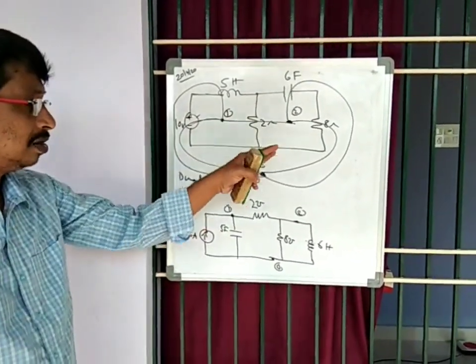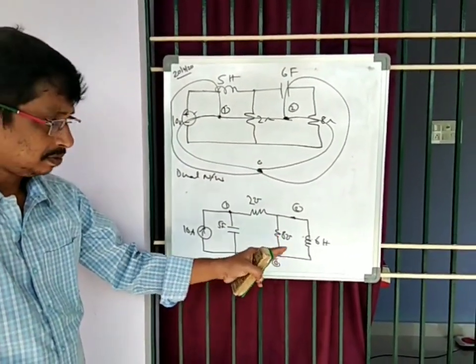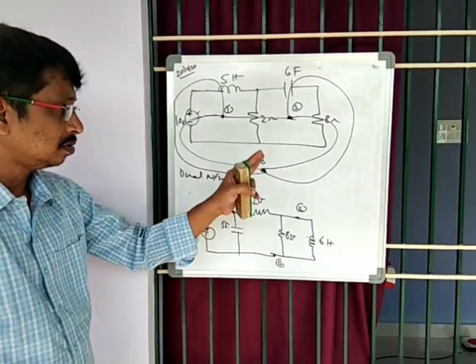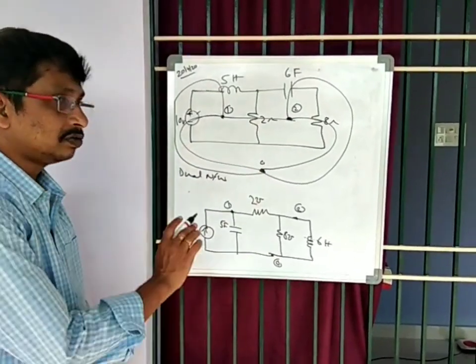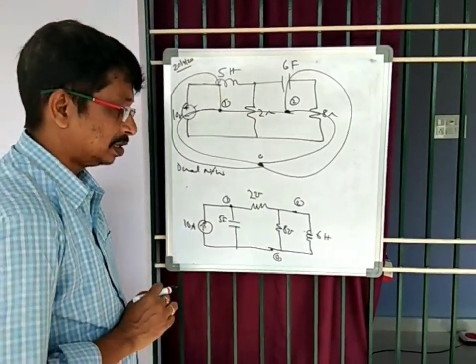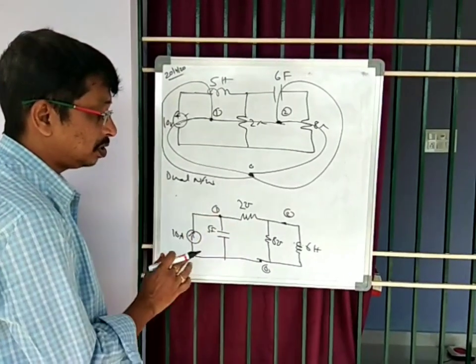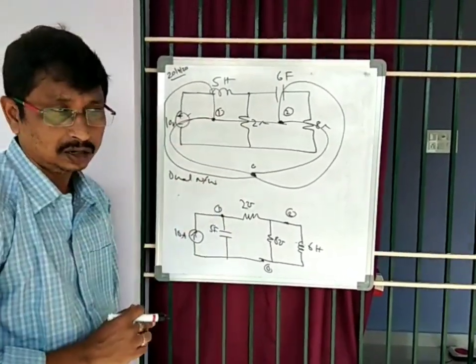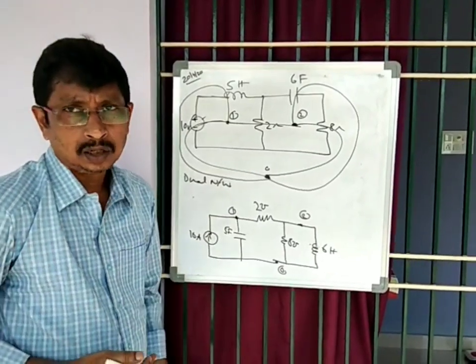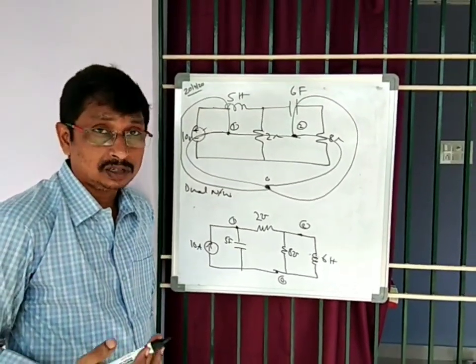Like that, all the elements are represented in the dual network between the nodes, but with their dual elements. So therefore this will be the dual network of the given network. Like that we can draw dual networks for any network.